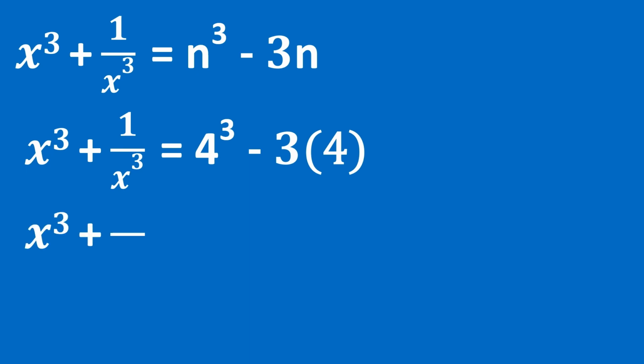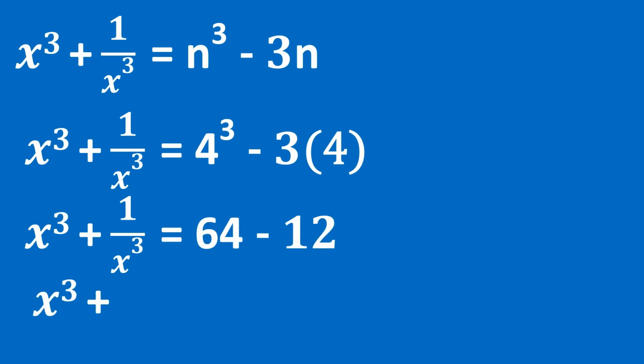And that gives us, as we simplify further, 64 minus 12, which eventually gives us x raised to the power 3 plus 1 over x raised to the power 3 is equal to 52. So we have been able to successfully solve for x raised to the power 3 plus 1 over x raised to the power 3.